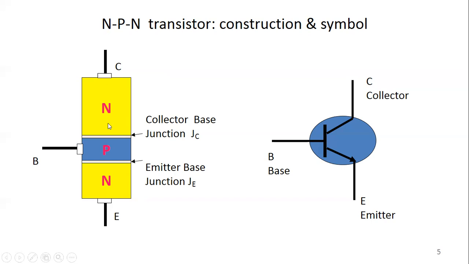So that this collector can handle more charges, or collect more charges as compared to the emitter. Whatever charges are emitted by the emitter will all be collected at the collector. Even the minority carriers present in the base region, the p region, will be collected at this collector region. If all the charges from the base region and the emitter region are added together, and if the collector region is smaller, the charges coming to this collector will try to occupy the region.